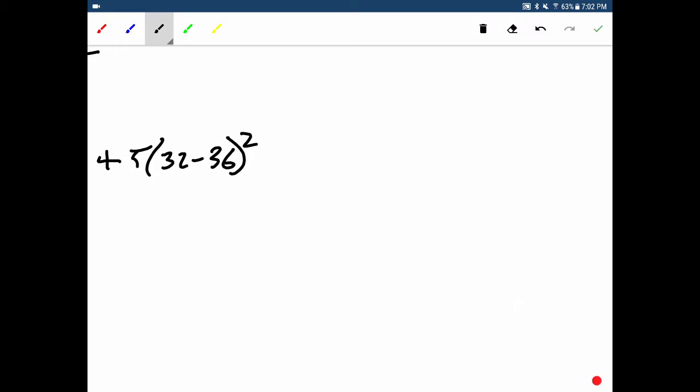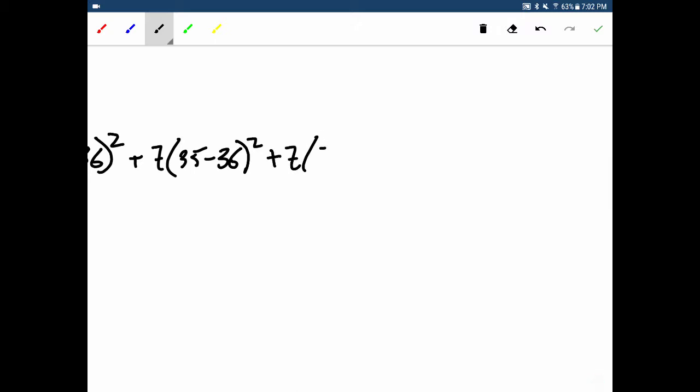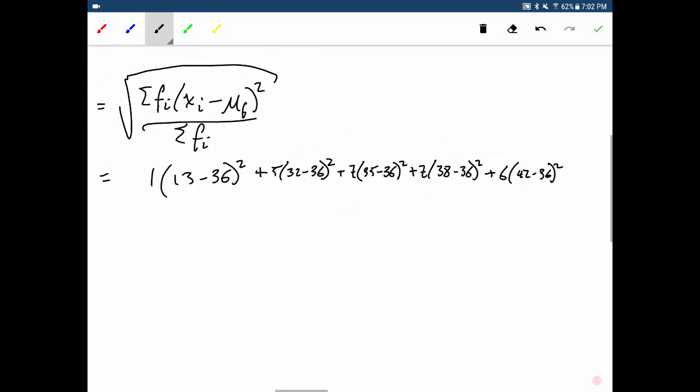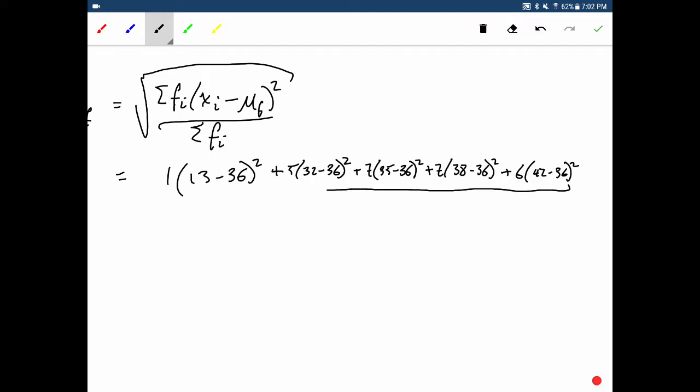So we go through, we've got 5, then 7 times 35 minus 36 squared, 7 times 38 minus 36 squared, plus 6 times 42 minus 36 squared. And then we divide the whole thing by 26.